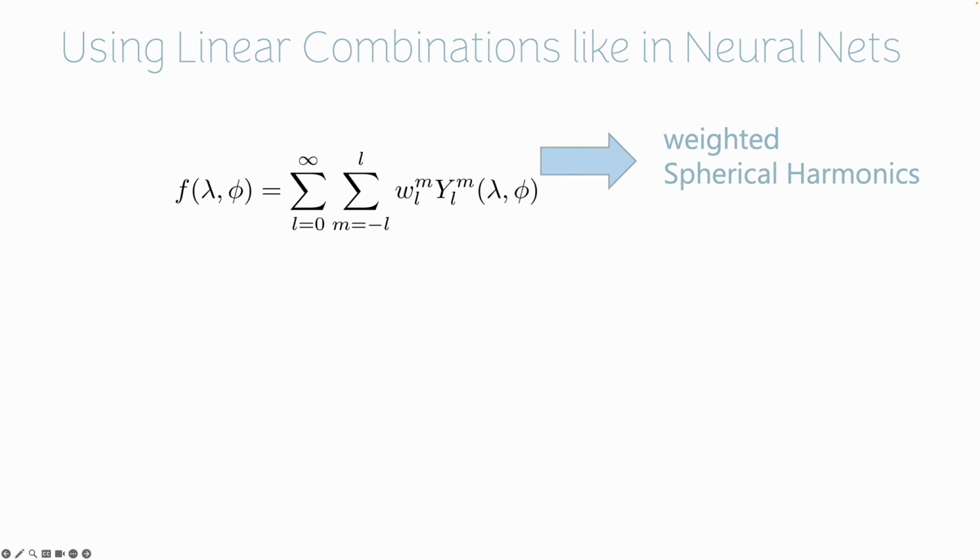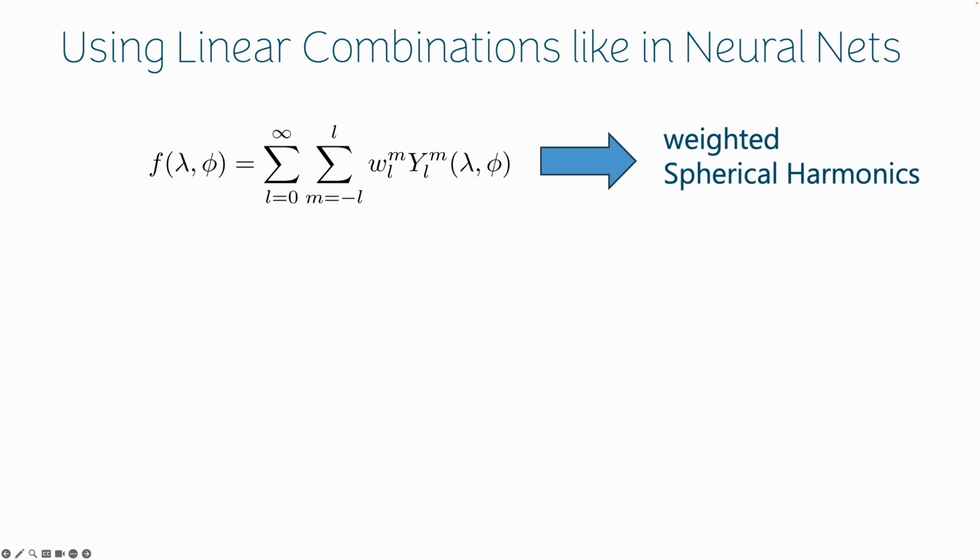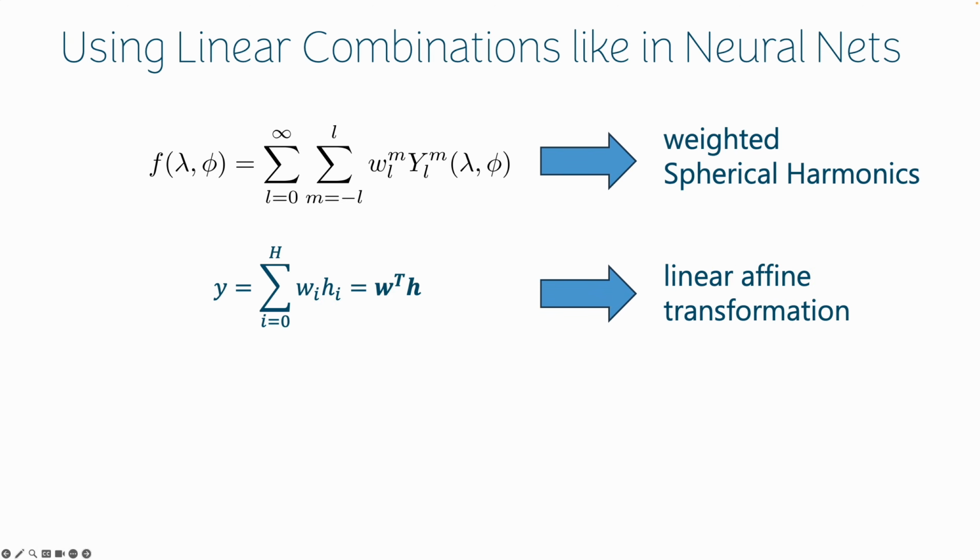And why am I showing this? Mainly to show some similarities with neural networks down the road. So this should already look somewhat familiar, but when we write that out as a vector, a dot product, a matrix multiplication between some weights and then a vector of features, that is pretty much an affine transformation.